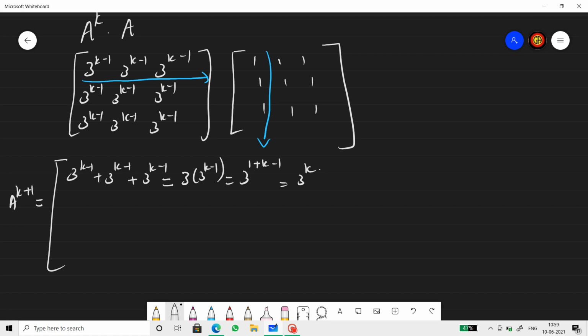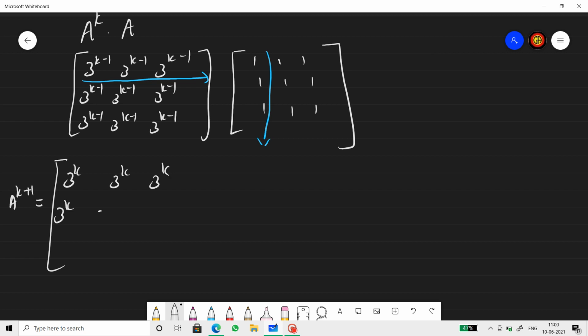The same thing appears for all elements, so I'm just doing it for one element and showing you. So therefore, the effect of this would be 3 power k, 3 power k, 3 power k, 3 power k.